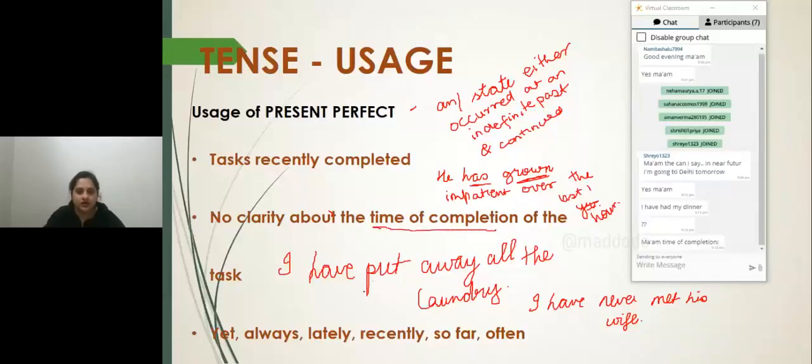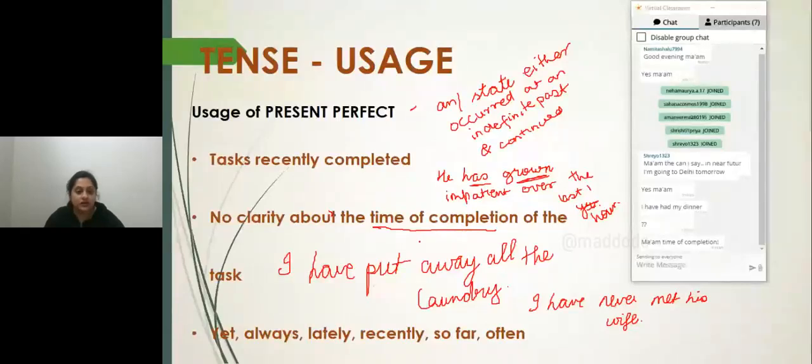So, he must have started from office. He must have started from office, right? He might have started from work, means started coming. You don't know the exact time, or even when the task is completed. You have no clue. Okay.